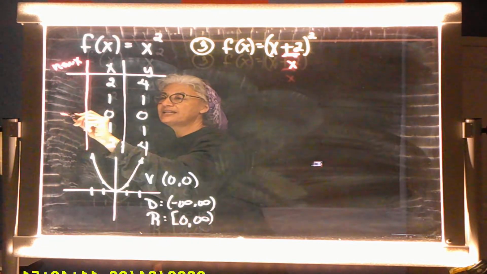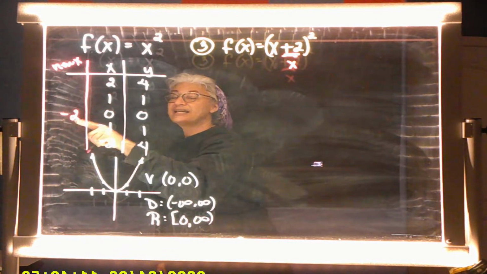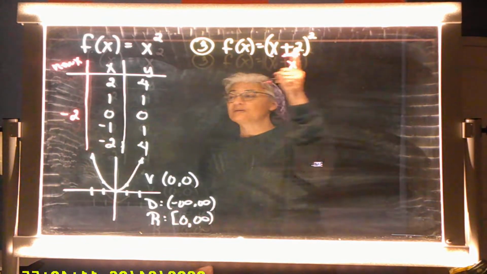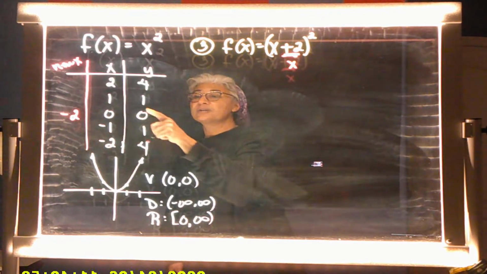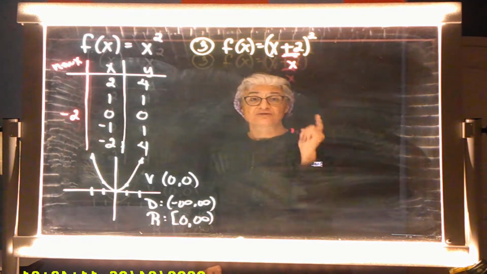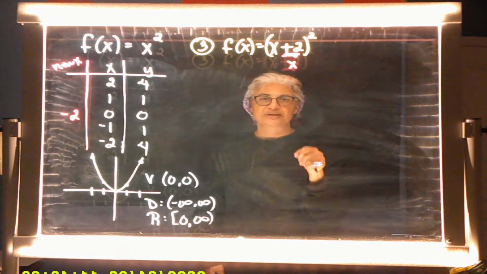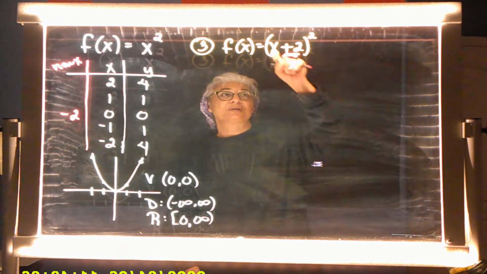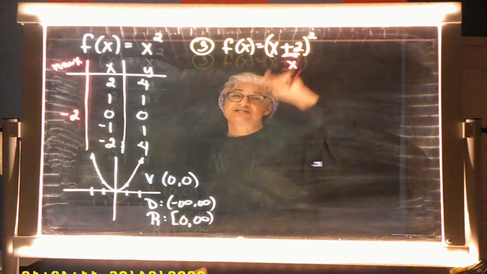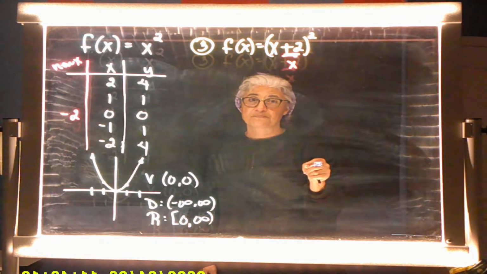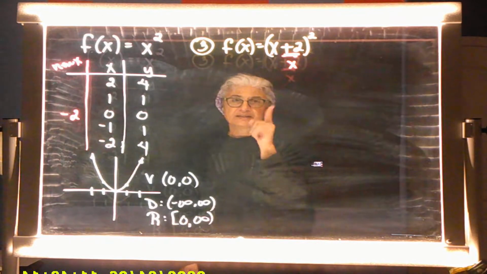Good. If you said -2, that's correct, because -2 plus 2 is that 0, isn't it? And then when I square it, I get 0 for the y's, don't I? The squaring comes last now, doesn't it? I have to do inside the parentheses first, because that's the order of operations, and then I do the squaring second, don't I? Okay, let's look at another one.